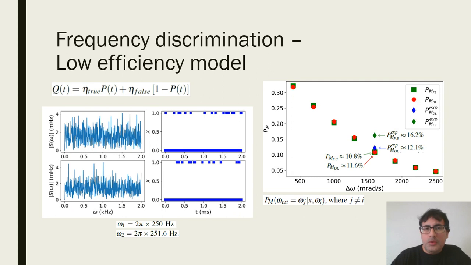Then we introduce the inefficiency in a way that corresponds to the inefficiencies of the experimental setup. And we see here again the error probability as a function of the frequency difference between the two frequencies of the signals.